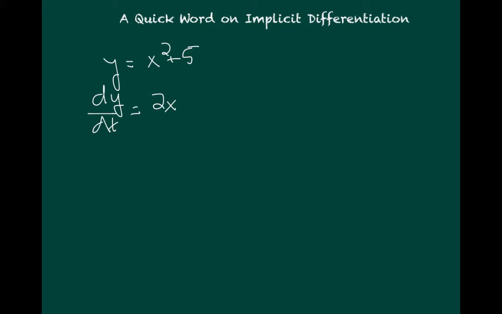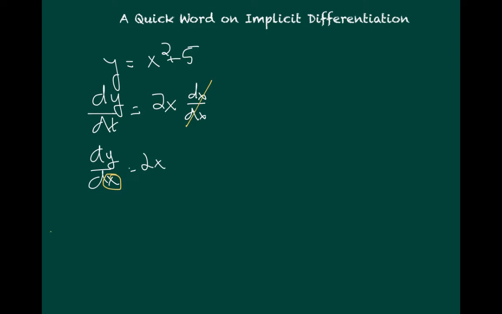If you wanted to think about multiplying by the change of x as x was changing, you could, but who would do that? Because dx over dx is just 1. So we would be left with dy dx just equals 2x. And that's because we were taking the derivative with respect to x.